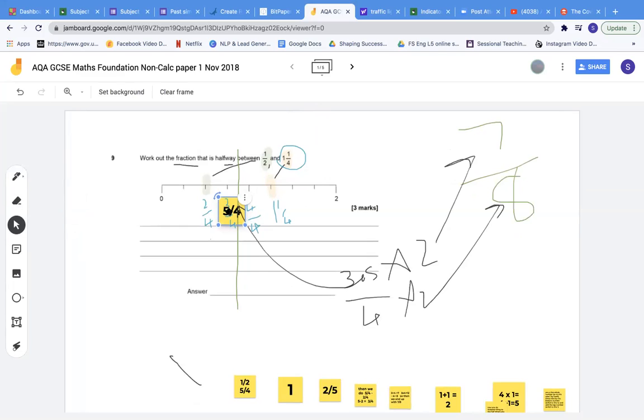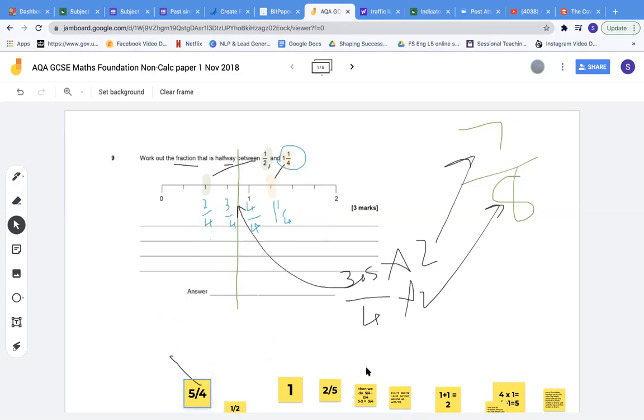Halfway between 2 and 5 is 3 1/2. But then again, as the video said, you can't really use the half. You have to change it to 2/4. Then you can do something with it.